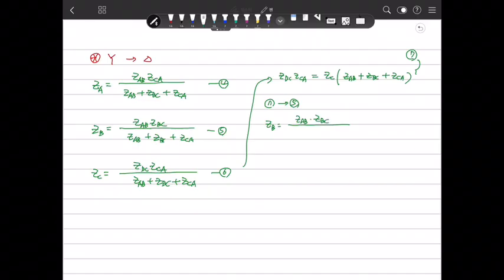Then GB is GAB, GBC, and GAB plus GBC plus GCA.